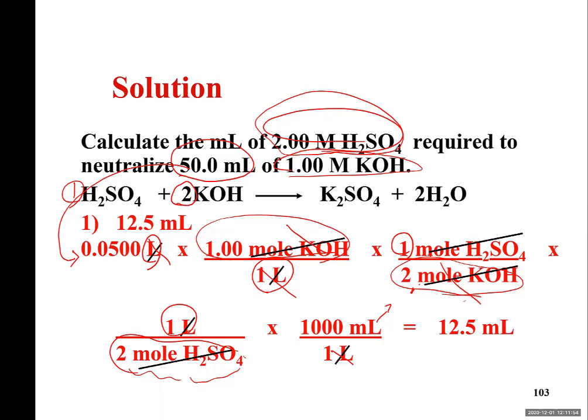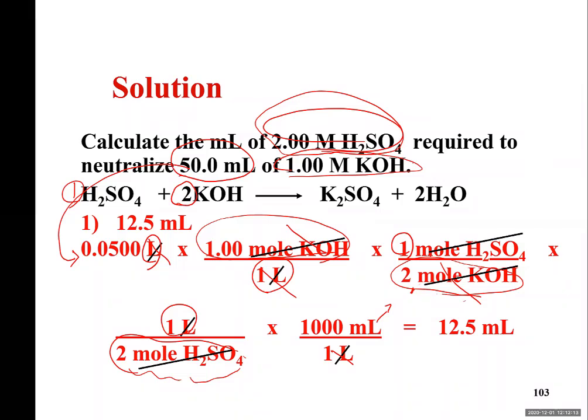This is doing the problem by unit conversion factors in one equation. You don't have to do this if you don't like it. Do the same way we did it before. First, calculate number of moles of KOH.